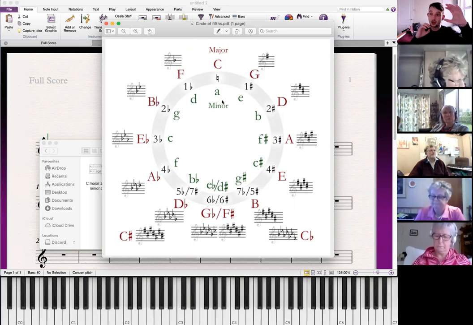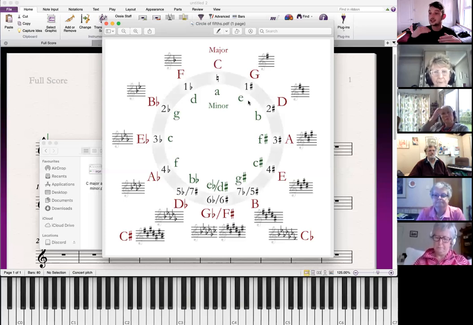So remember, it's major and minor, and those are relative keys. So you've got C major, A minor, relative major and minor; G and E, relative major and minor. And it also works the other way as well. You can say C major is the relative major of A minor. So it doesn't always have to be that way around.